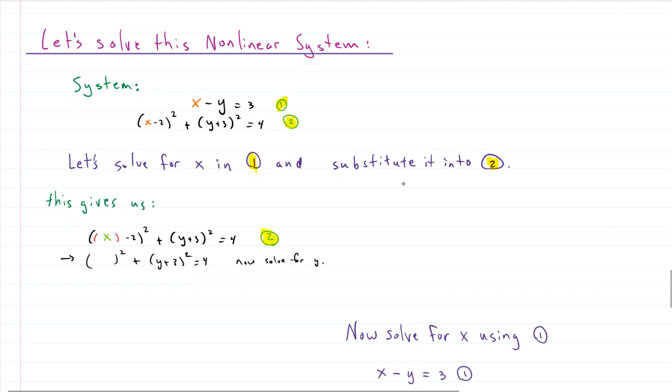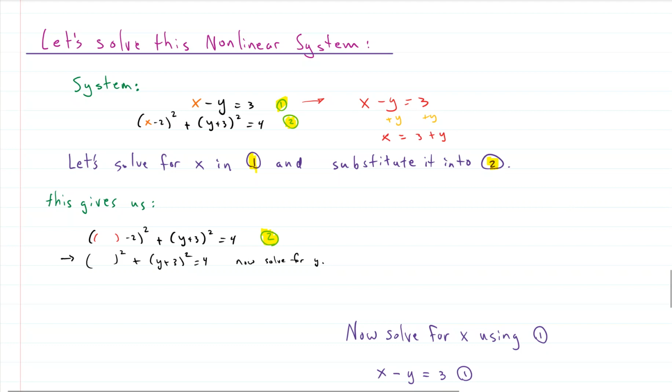Here we have equation 2. Instead of having an x, we need to plug in what we found when we solved for x in equation 1. What do we have? So if you take x and you isolate it, we will add y to both sides, and we get x equals 3 plus y.